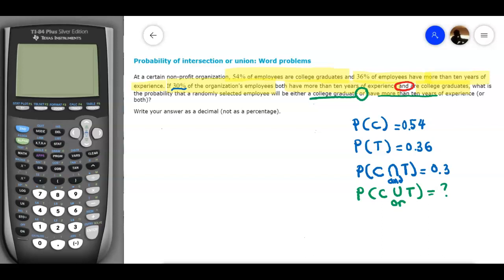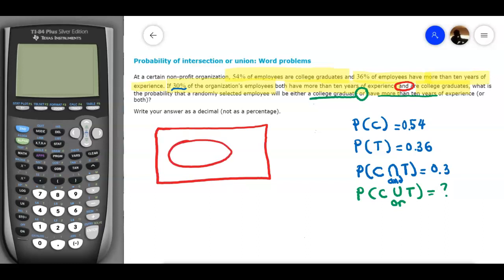The first method is to use the Venn diagram. In the Venn diagram, you're going to have two circles, the college graduates and the tenure people. And every time we start a Venn diagram, we always want to start from the "and" statement, so we start from the middle.